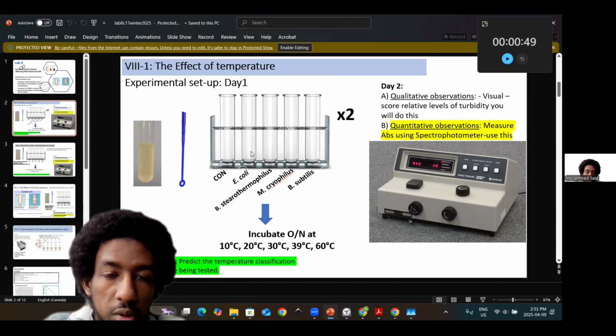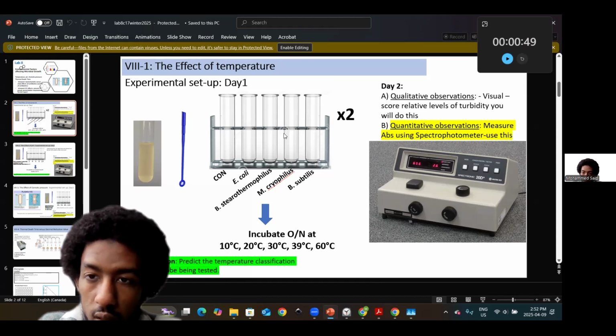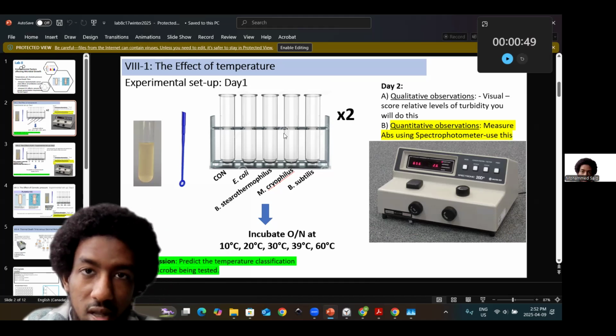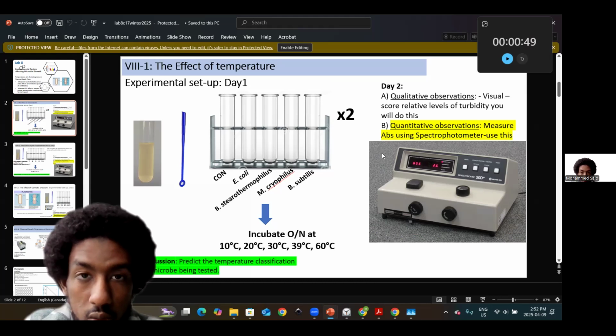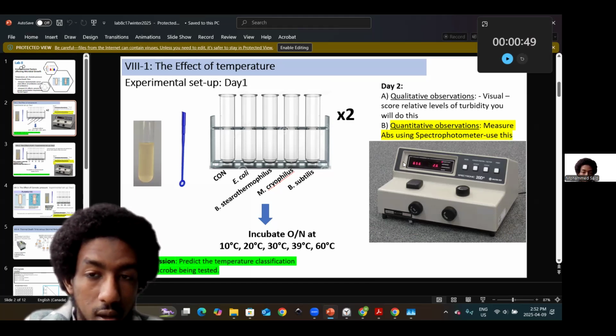Following the inoculation, we would incubate them and then see the changes overnight, or technically the following week, with qualitative observations. And then thereafter, what was done in the past is using the SPEC 20 to see the turbidity readings after an overnight or a week incubation.